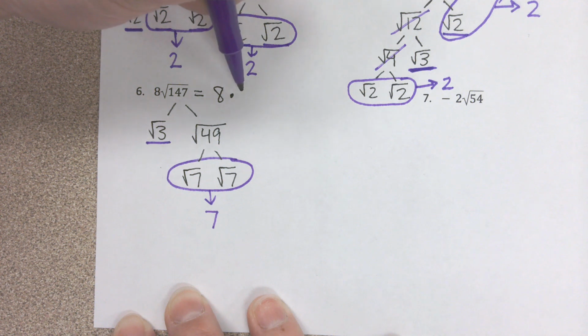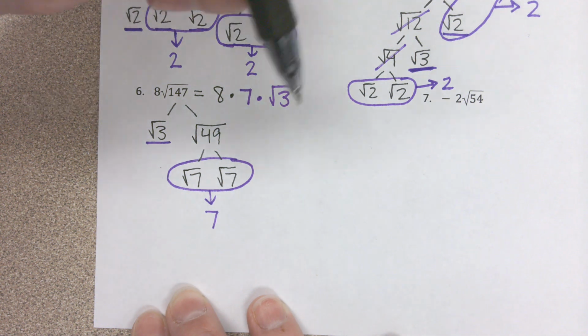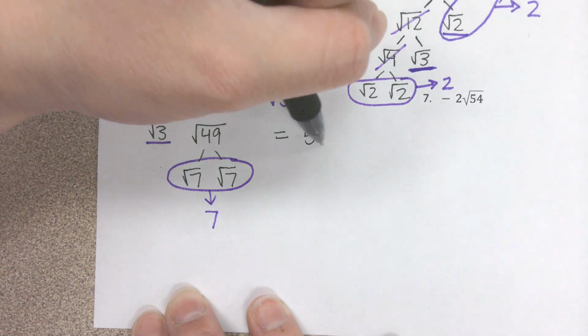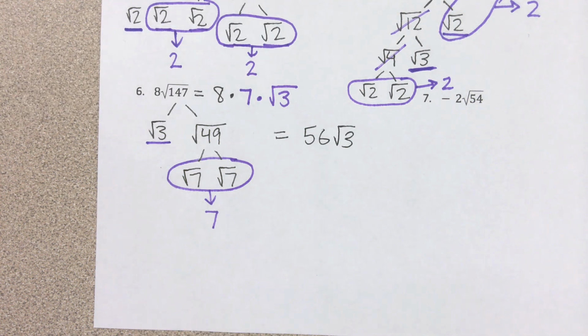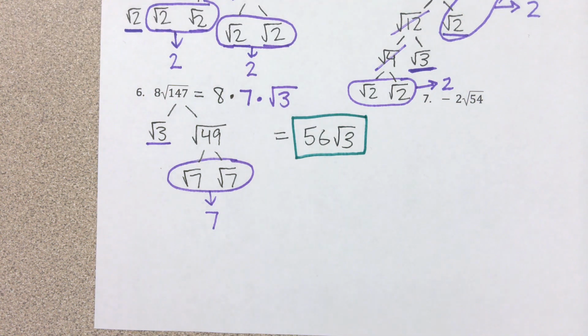So we have 8 times 7 times the square root of 3. Putting that all together, we have 56 square root of 3. And there's our answer. Any questions on 6?